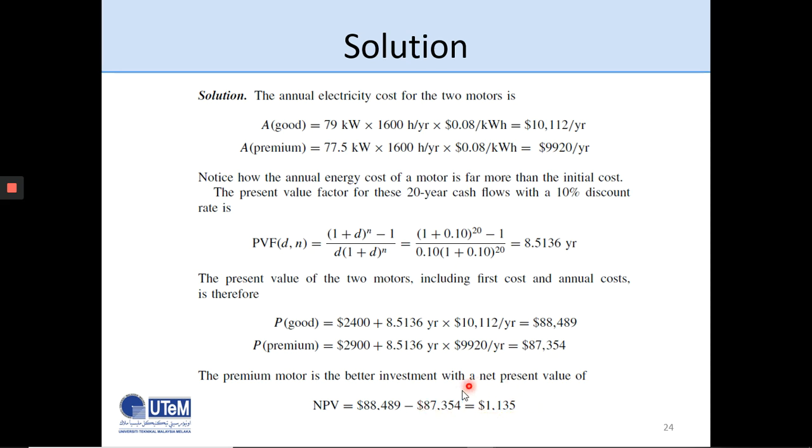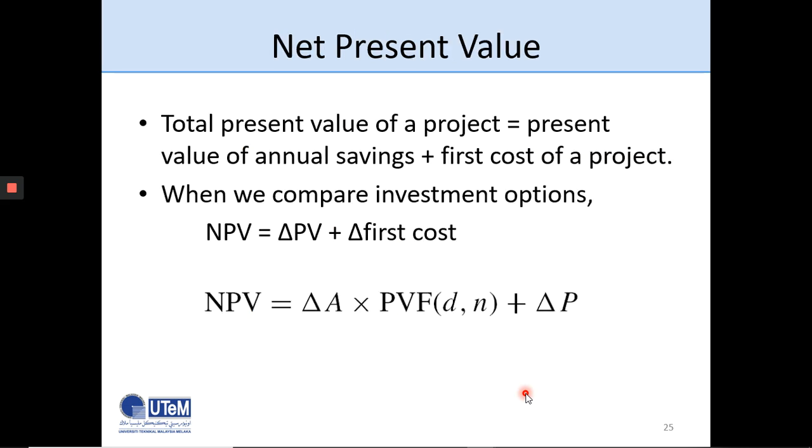This is what is meant by the net present value. This is the difference between the two options if we choose the lower cost option. This is the mathematical representation of how we calculate the net present value.